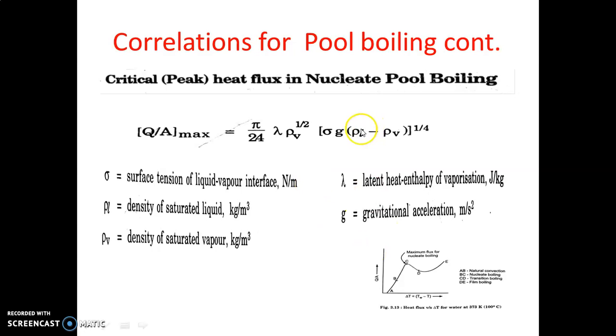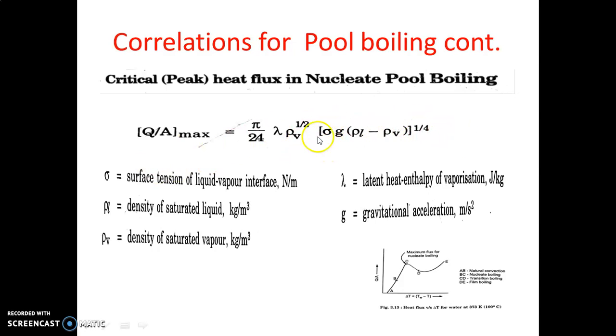Then you have to multiply by sigma, that is the surface tension of the liquid-vapor interface, in Newton per meter. G is the gravitational acceleration, with SI unit meter per second square. Then rho L is the density of saturated liquid, where L stands for liquid, and rho V is the density of saturated vapor in kg per meter cube, where V stands for vapor. The whole bracket has the power 1 by 4.